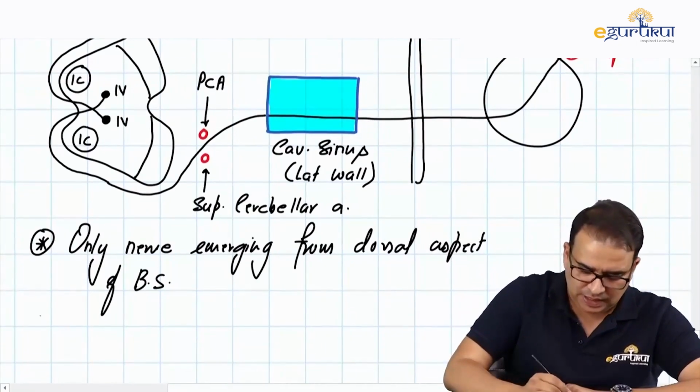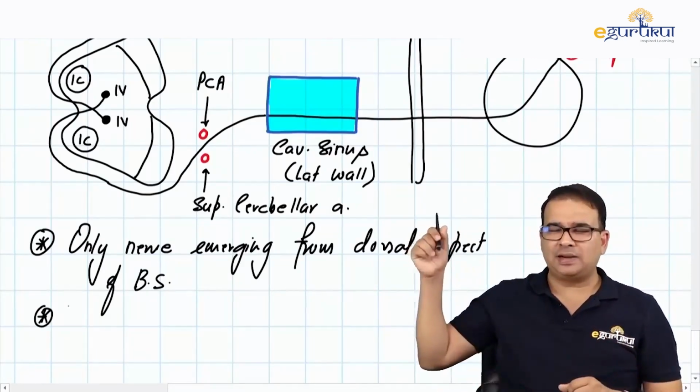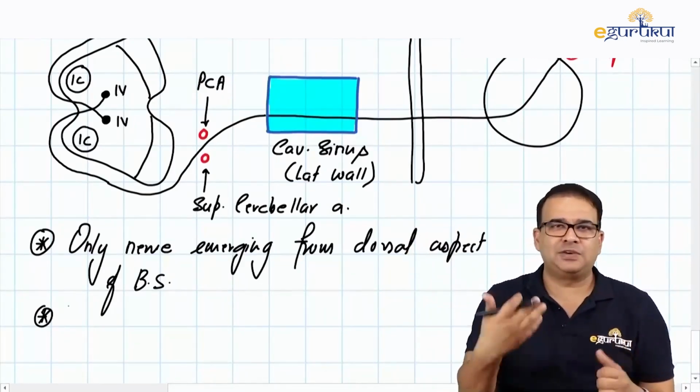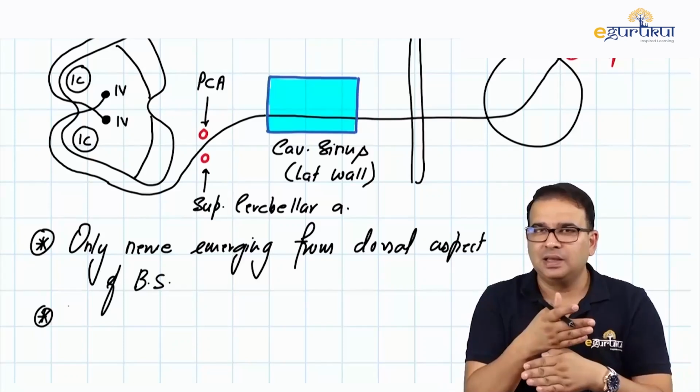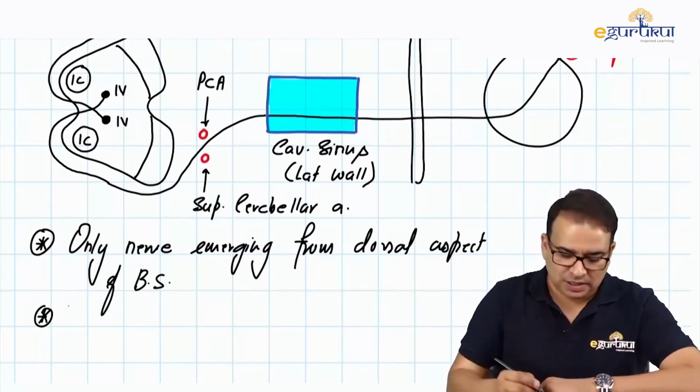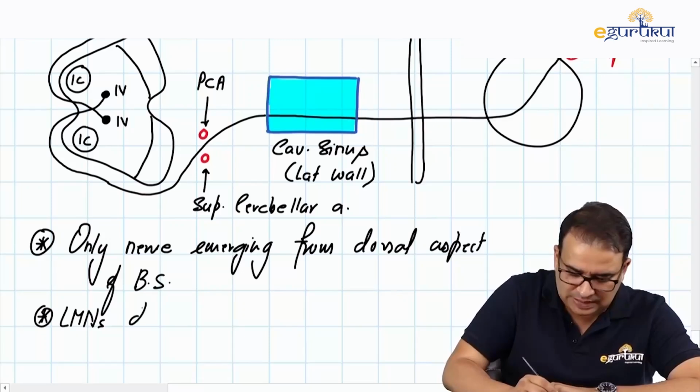That's one thing. Secondly, the lower motor neurons that you're looking at, after the nucleus it will be lower motor neuron. The lower motor neurons are decussating, and then they are emerging out. They decussate where?